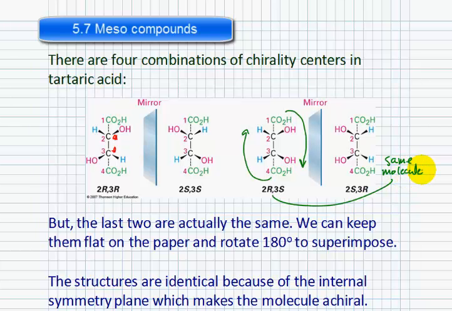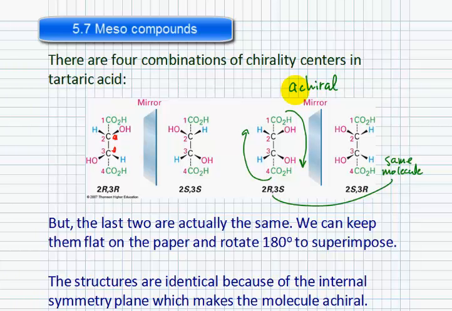So there are not 4 different stereoisomers of tartaric acid. There are actually 3. 2 are enantiomers of each other, and 1 is achiral. That was an original definition that we talked about.